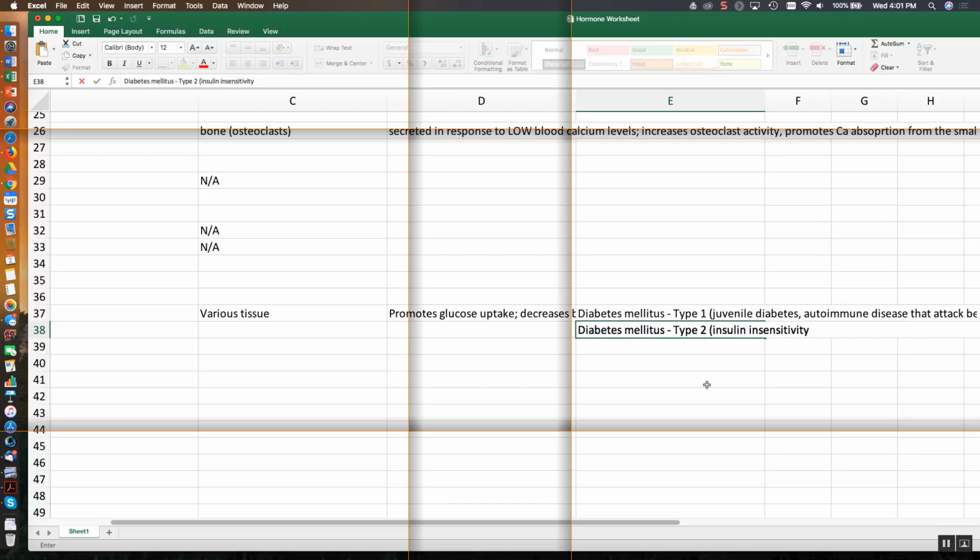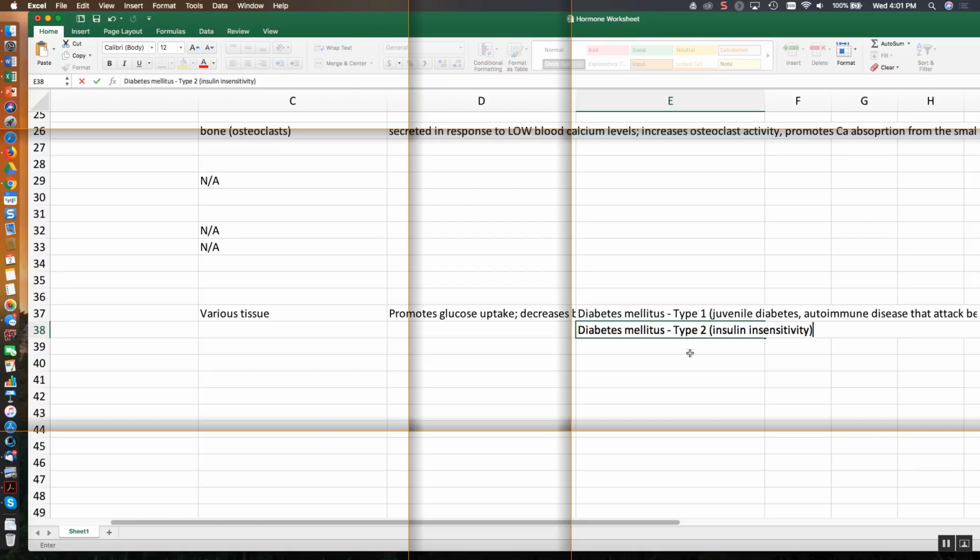If you don't exercise at all, you actually don't express GLUT4 carriers, transporters. And so you can't take up as much glucose as a person that exercises on a regular basis. So it can lead to diabetes type 2. You can have insulin that's circulating in your system. You're just not able to react to it, take it up.